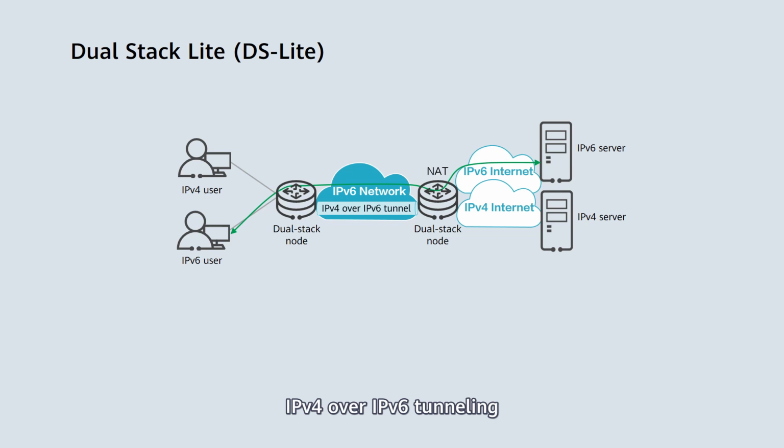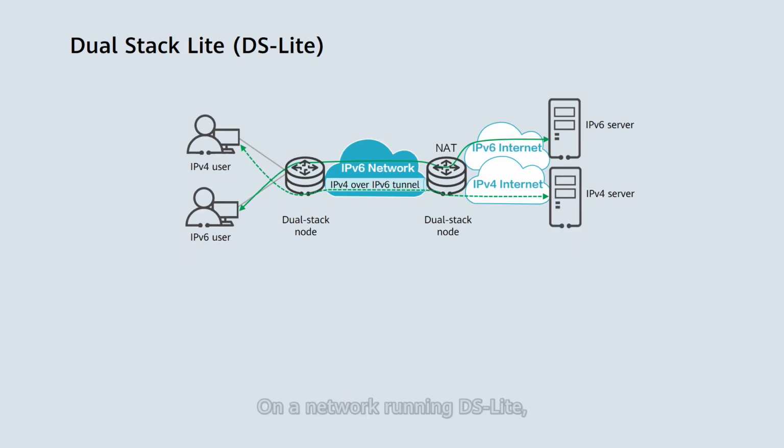IPv4 over IPv6 tunneling is used to carry IPv4 services on the IPv6 network, and NAT is performed on the CGN devices to translate between public and private network addresses, so that IPv4 users can traverse the IPv6 network to access IPv4 internet servers. On a network running DS-Lite, two new roles are introduced: B4 and AFTR.